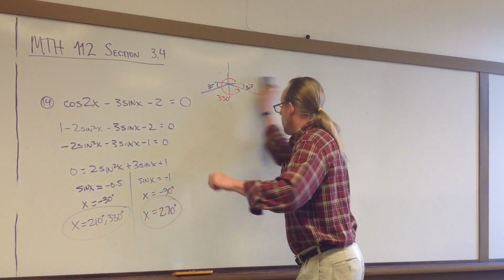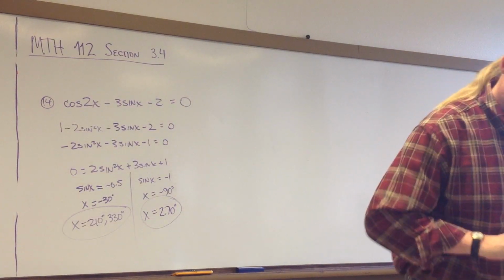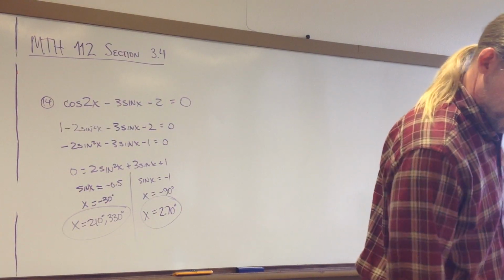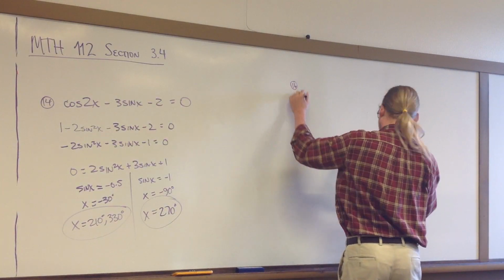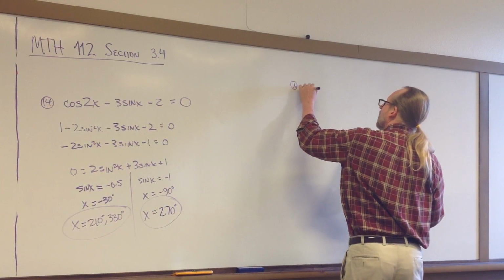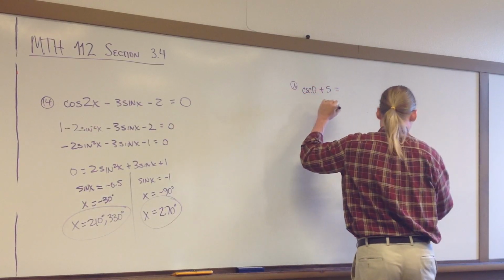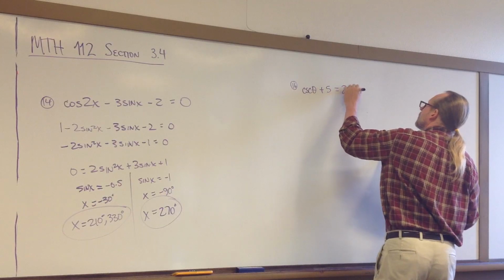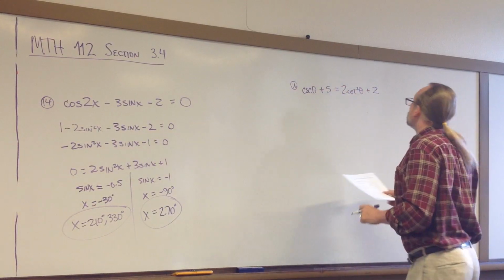Okay. Let's see what problem 16 looks like. Cosecant theta plus 5 equals 2 cotangent squared theta plus 2.